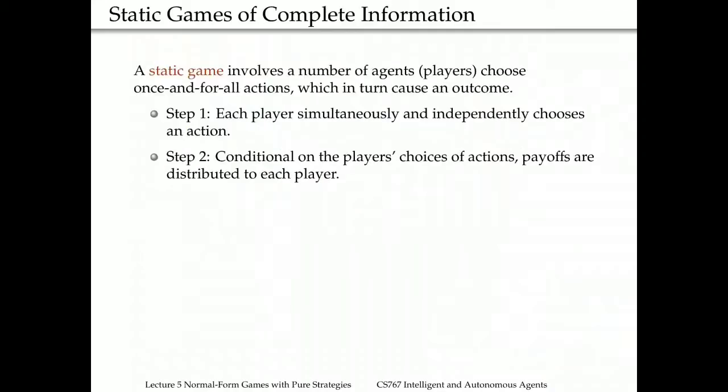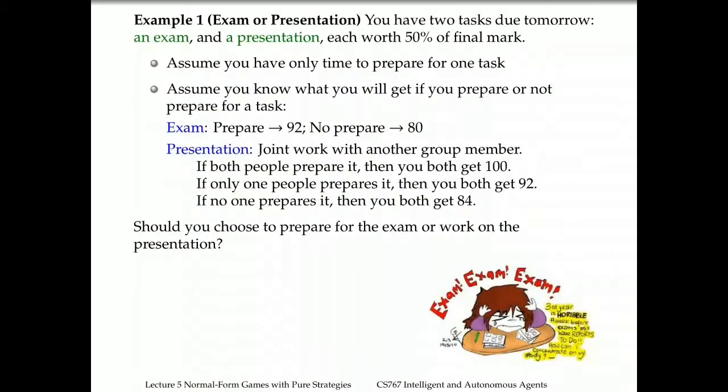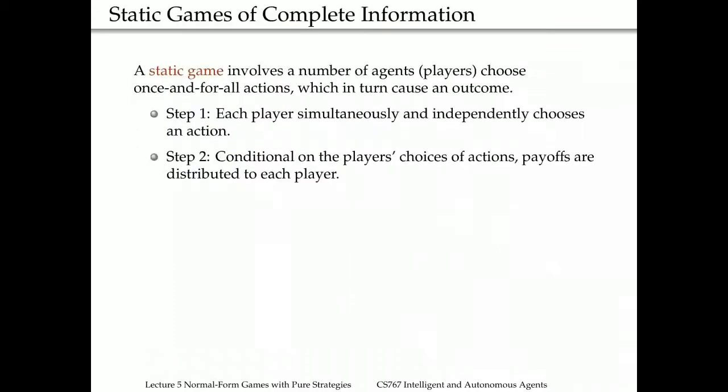Right. We can model this game in a mathematical way, and I'm going to describe the mathematical model. In fact, this is a very simple situation and can be modeled by what we call a static game. A static game involves a number of agents who choose once and for all actions, which in turn cause an outcome.